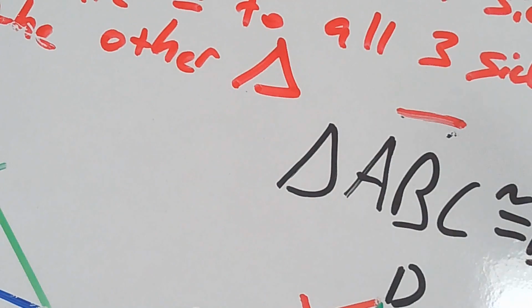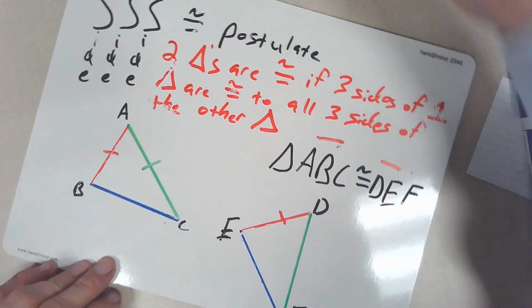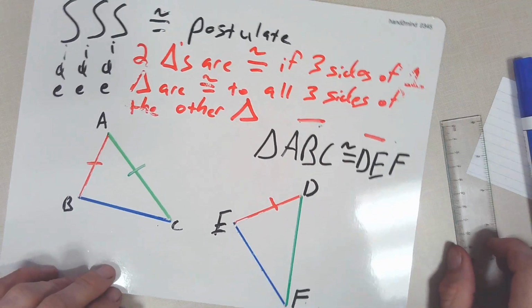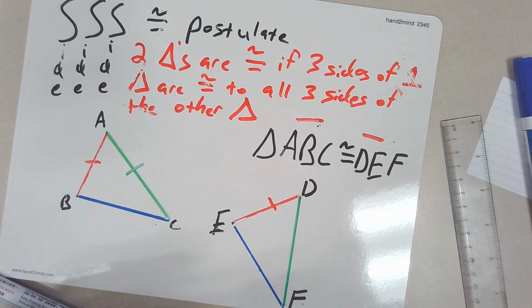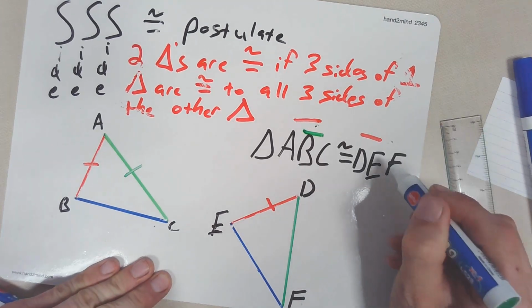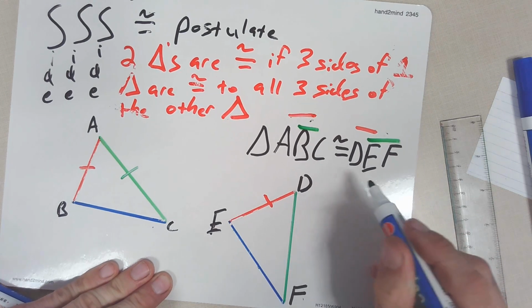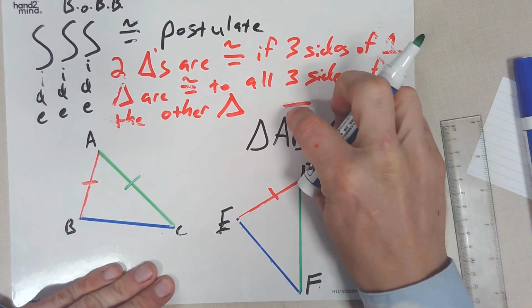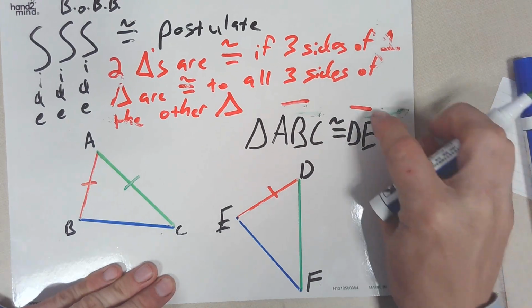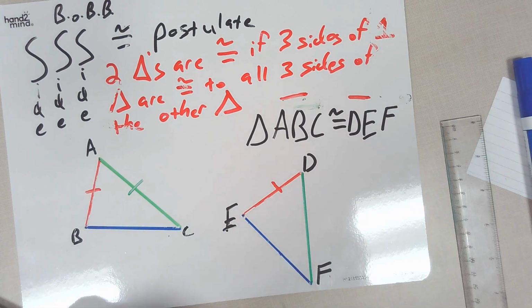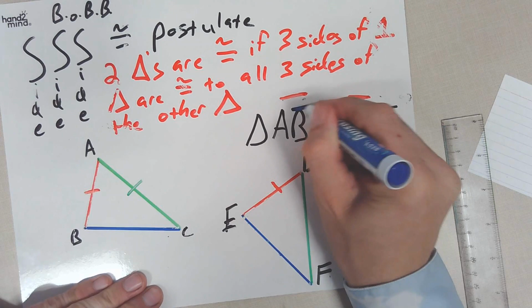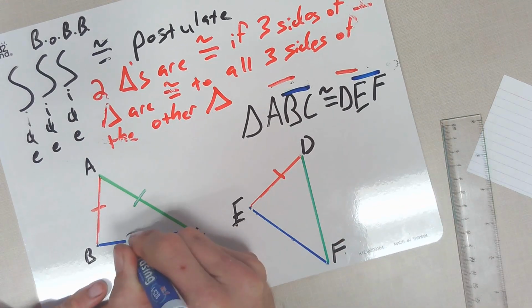Okay, and then I should have that BC, that's my green one, BC and EF. BC, well, that's not the green one, that's the blue one. BC and EF.